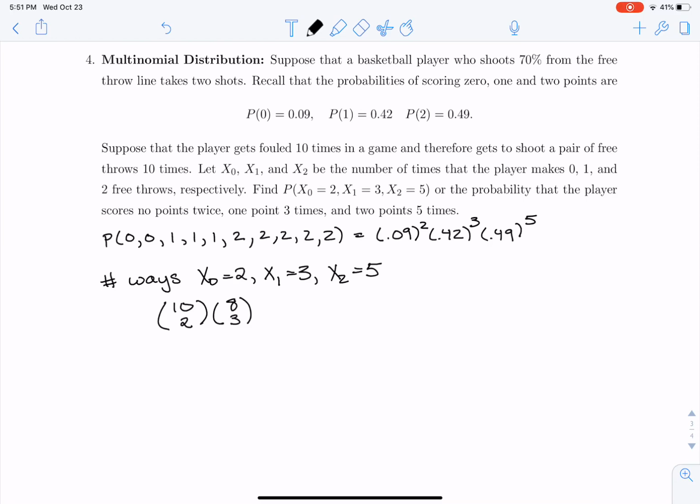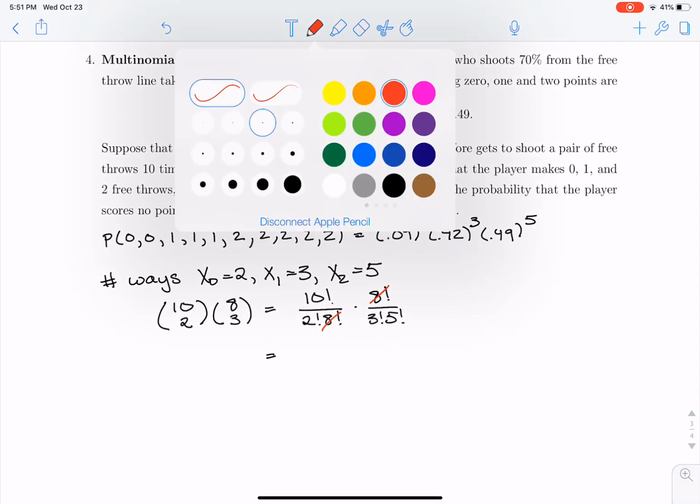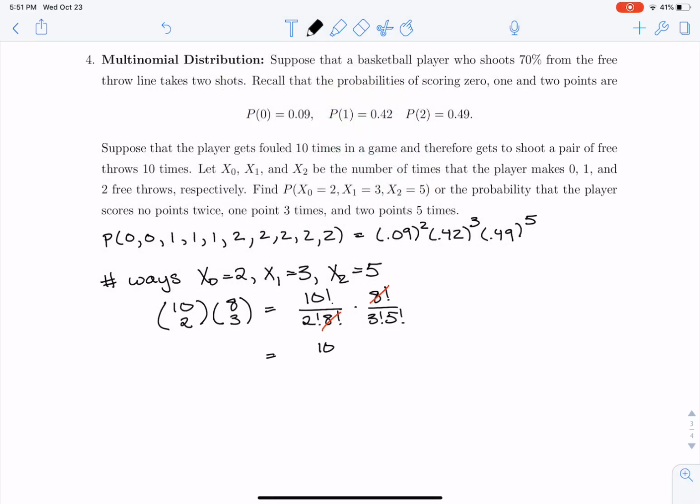And then the remaining 5 times the player will make 2 free throws. So this turns out to be 10 factorial over 2 factorial, 8 factorial times 8 factorial over 3 factorial, 5 factorial. Now you'll notice that the 8 factorials cancel, and that's actually 10 factorial over 2 factorial, 3 factorial, 5 factorial.